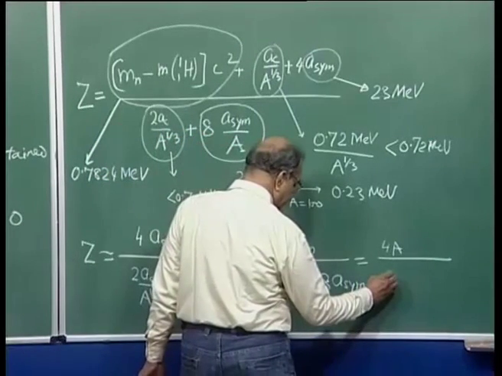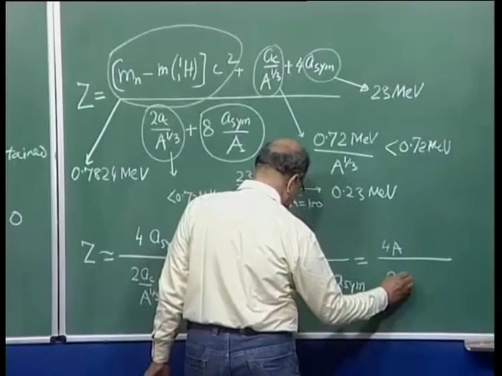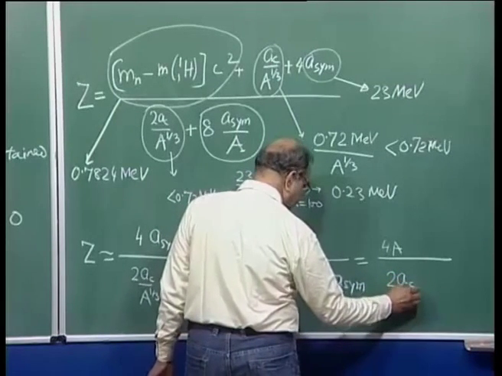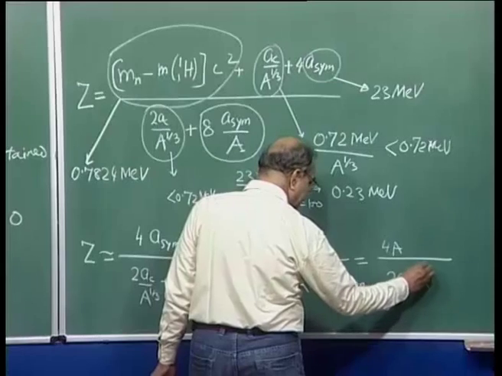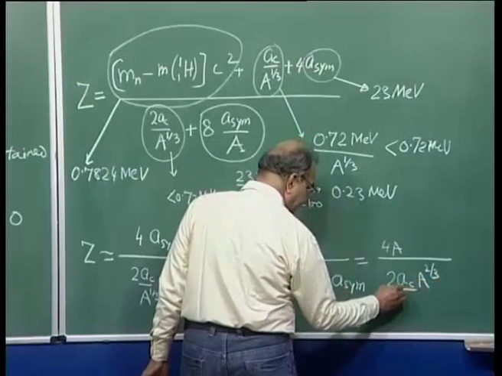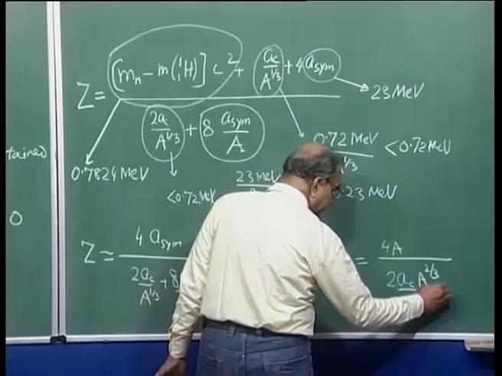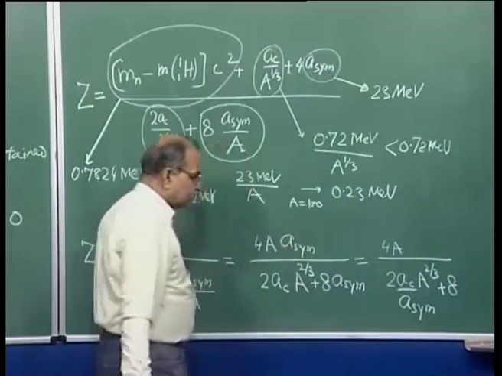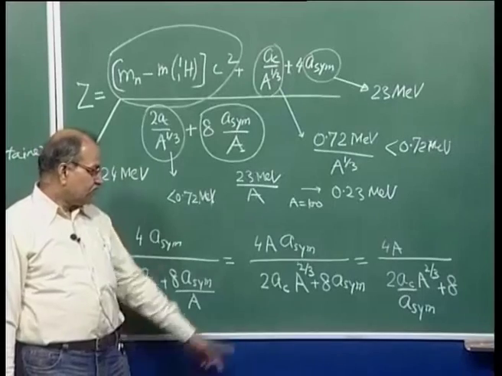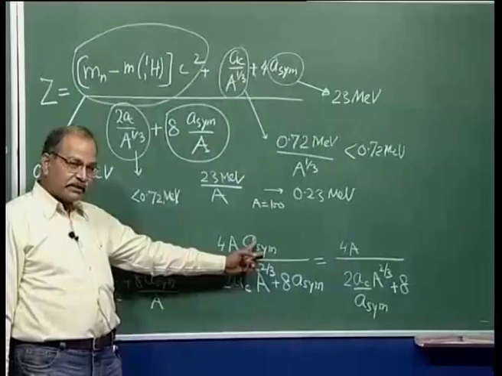So it is 2 times AC A power 2 by 3 divided by A symmetric plus 8. Is that correct? I have divided just by asymmetric numerator and denominator.